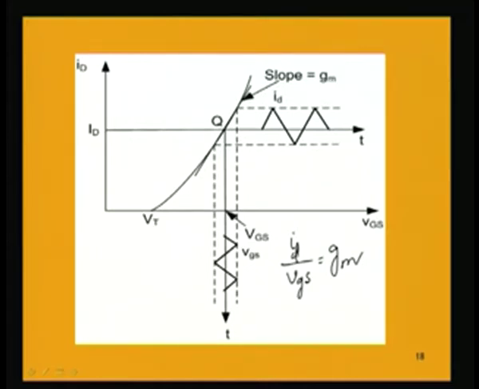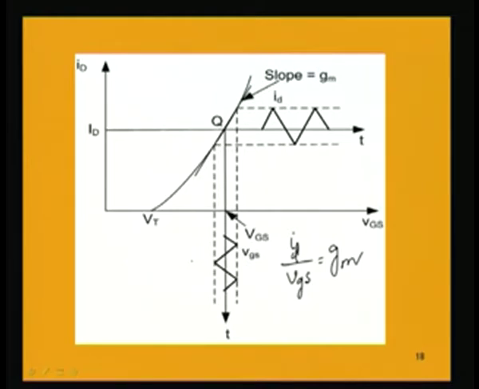So, the small signal drain current, if we denote it by small i small d, for example, we are taking a triangular waveform, say a triangular AC signal, which is small id, meaning the signal, and the corresponding gate to source voltage is small vgs.